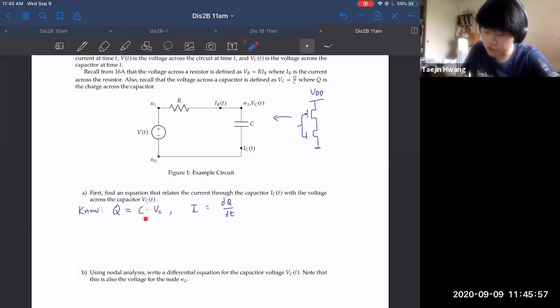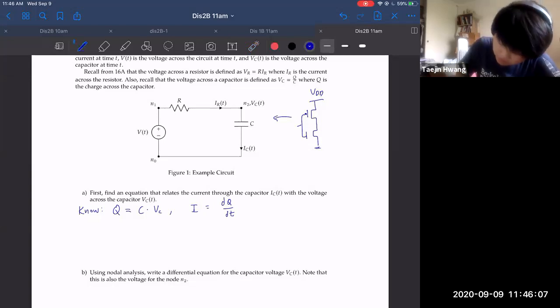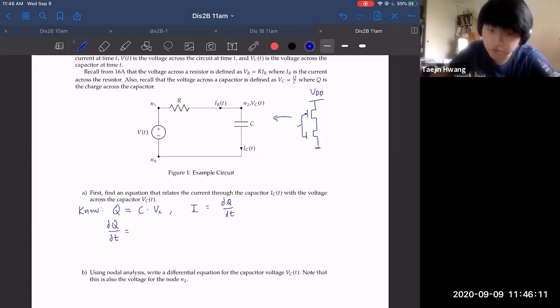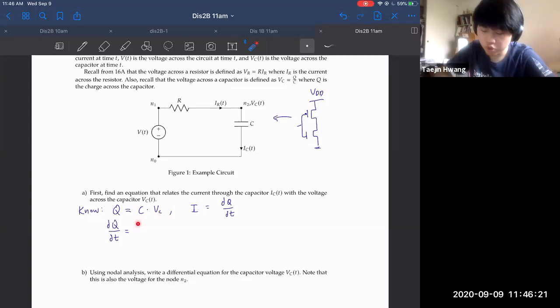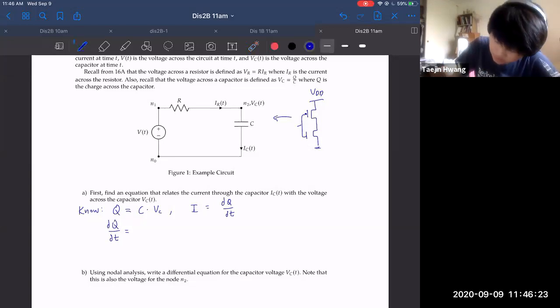So given these two facts, we can take our first equation, Q equals CV, and take the derivative with respect to t. So dQ/dt is going to be equal to the derivative of this term. Notice that it's a product of two things, but since C is a constant, we can just pull the constant out of the derivative. And unfortunately, VC is not a constant.